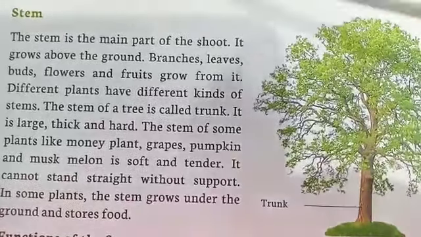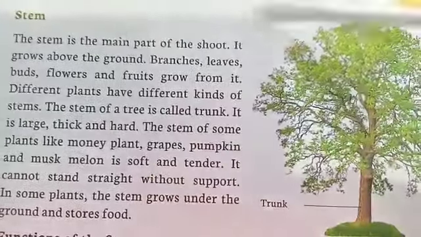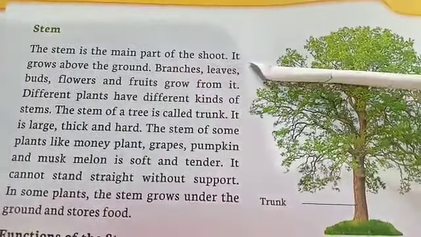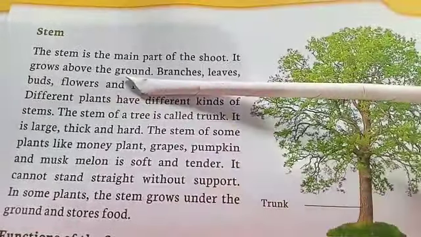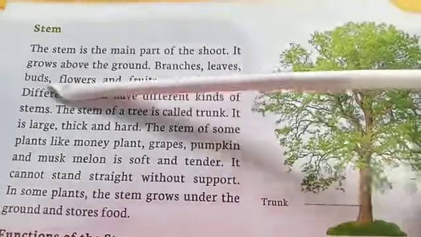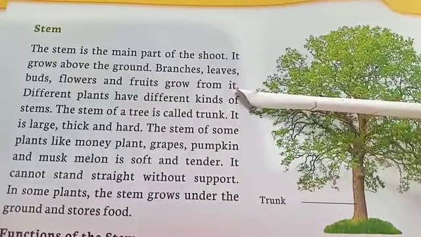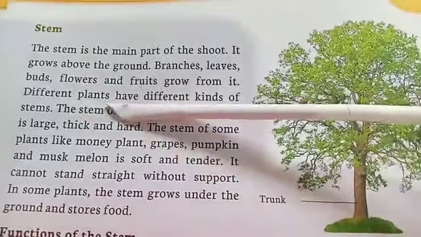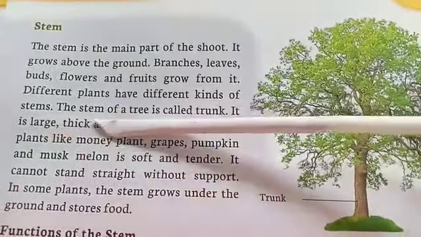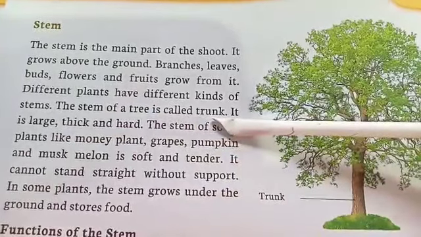Let us read about stem. The stem is the main part of the shoot. It grows above the ground. Branches, leaves, buds, flowers and fruits grow from it. Different plants have different kinds of stems. The stem of a tree is called trunk.